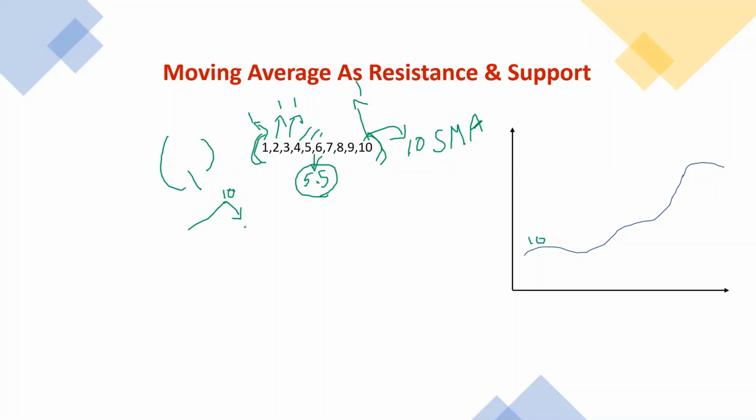You know what will happen? It will start falling, and there comes a time when it comes into a zone of, let's say, 5.5 or 5.6.